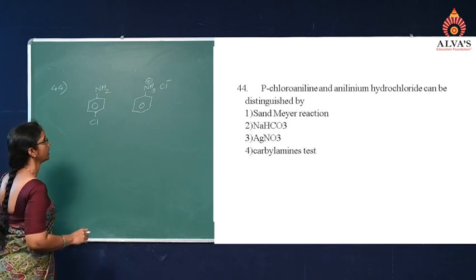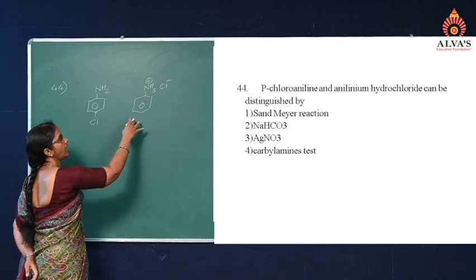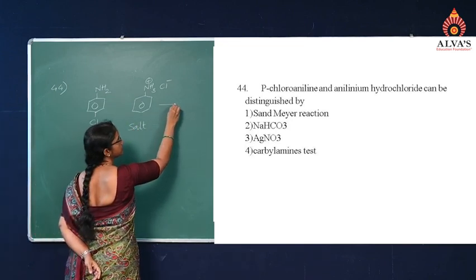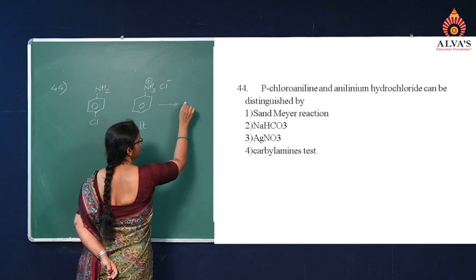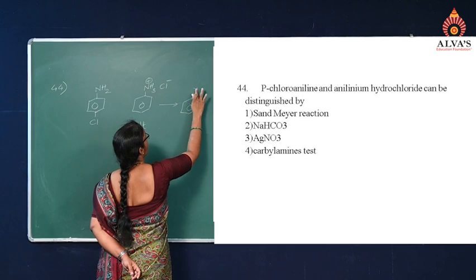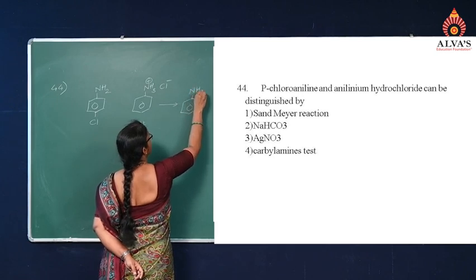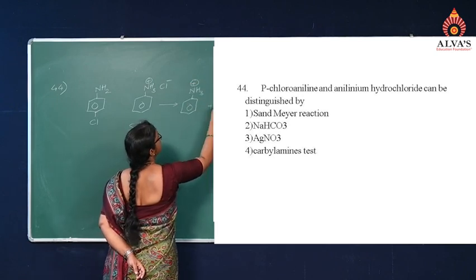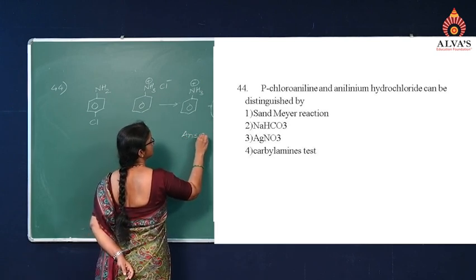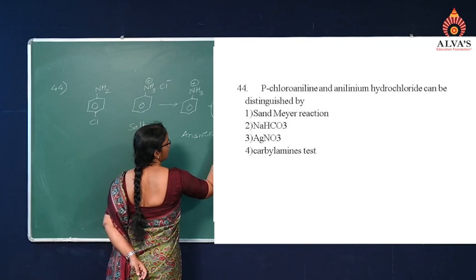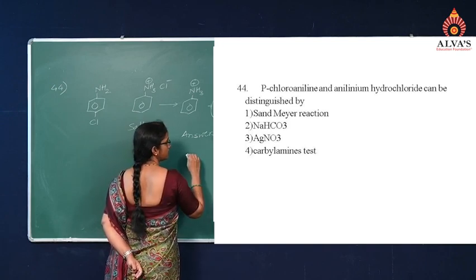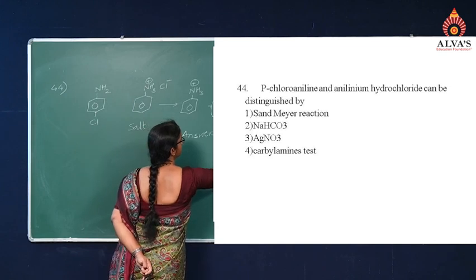Now why silver nitrate test? Anilinium hydrochloride is a salt which dissociates to give anilinium ion and Cl minus ion, which answers the silver nitrate test and can be detected.